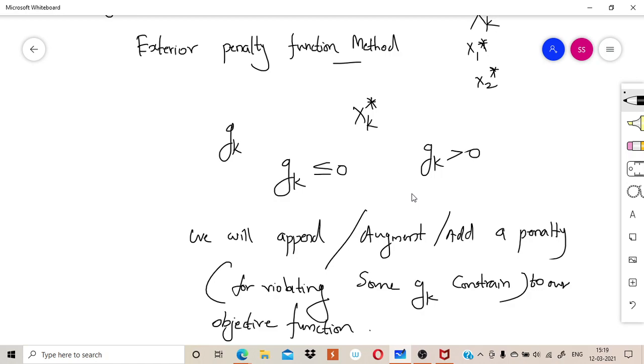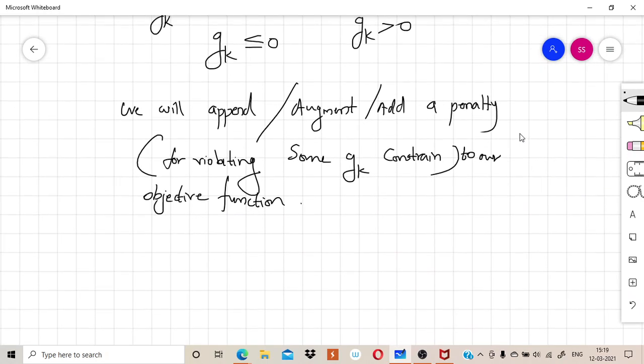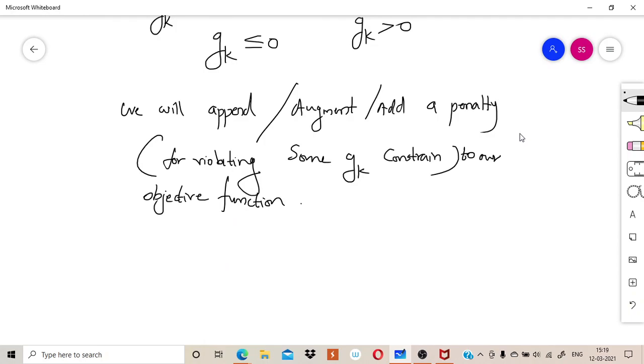That means if we substitute xk star in gk, we get gk greater than 0. In that case, we will append, or augment, or add a penalty for violating the gk constraint to our objective function.